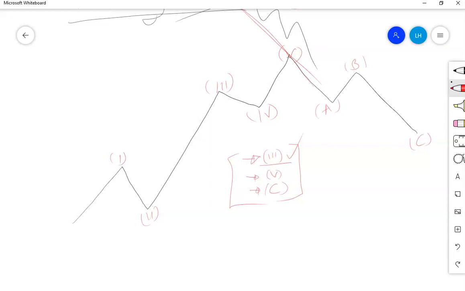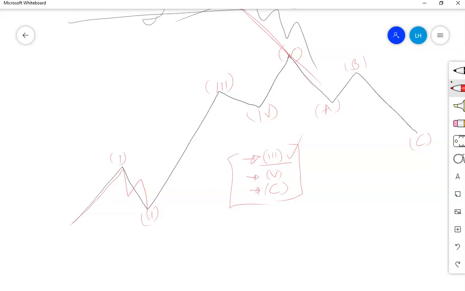Now, usually, when the market has completed the first wave to the top, the second wave is an ABC. It is a corrective move. So when the market has already completed this correction, you will have various ways to identify completion of the correction.